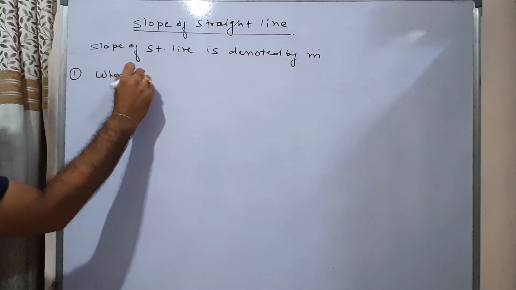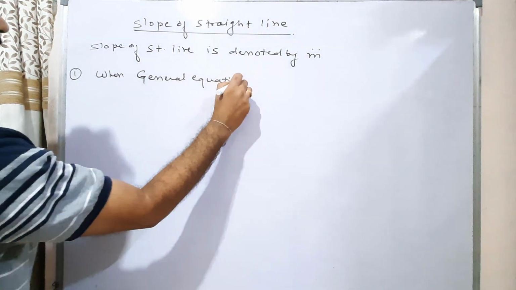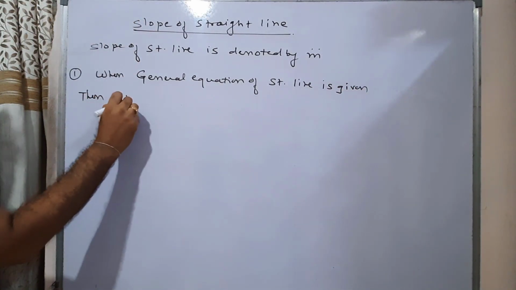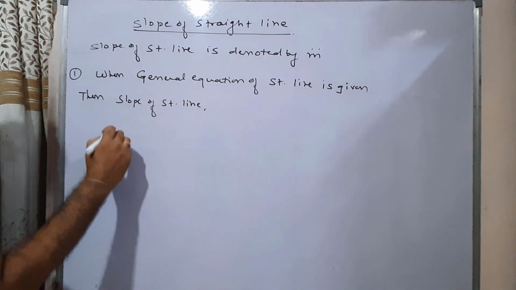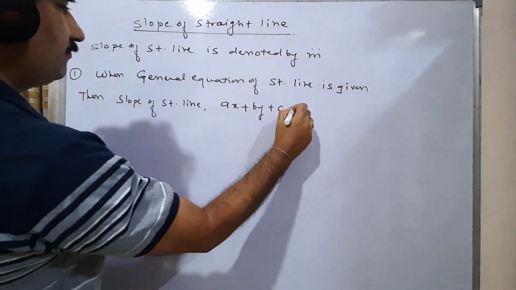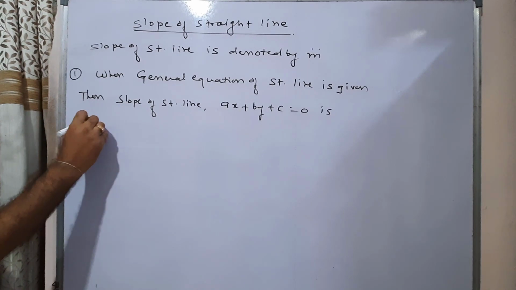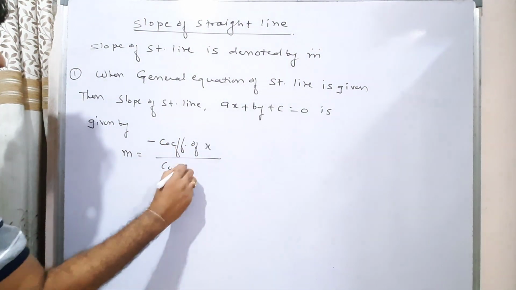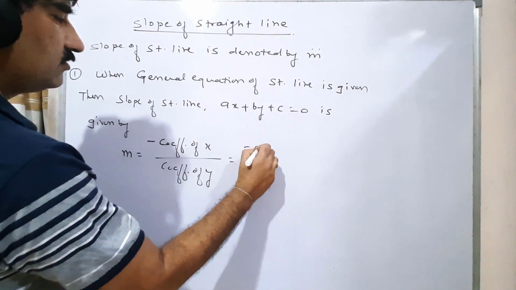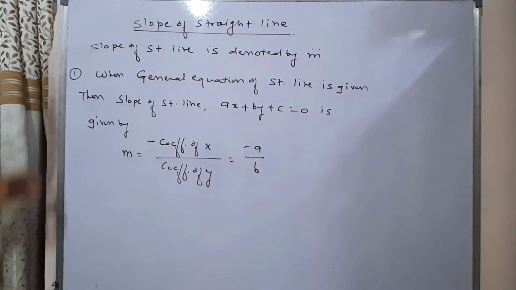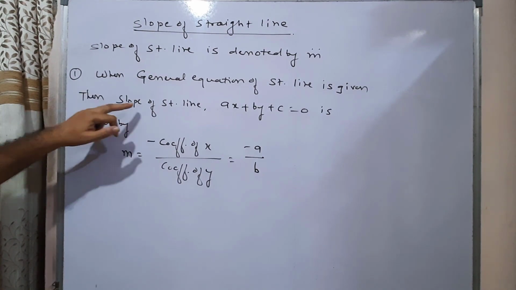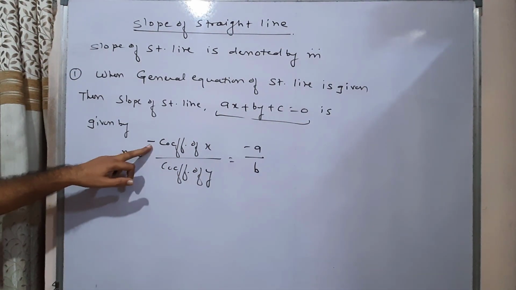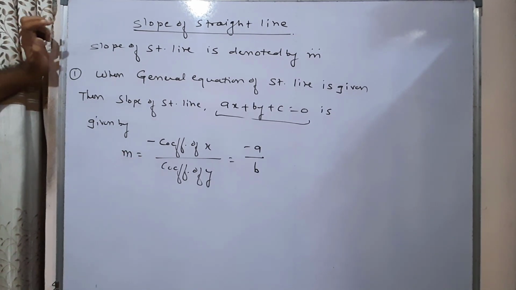Number 1, when the general equation of a straight line is given, then the slope of the straight line ax plus by plus c equal to 0 is given by m equal to minus coefficient of x upon coefficient of y. Here the coefficient of x is a and the coefficient of y is b. So this is the first: when the general equation of a straight line ax plus by plus c equal to 0 is given, the slope is minus coefficient of x upon coefficient of y, which is minus a upon b.